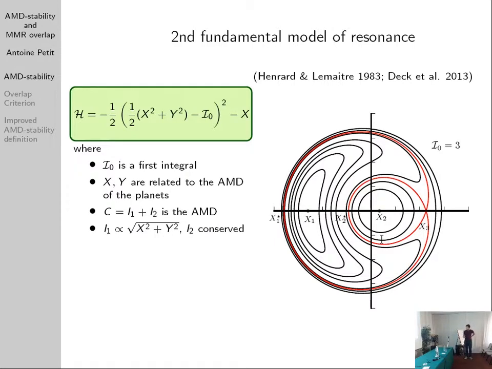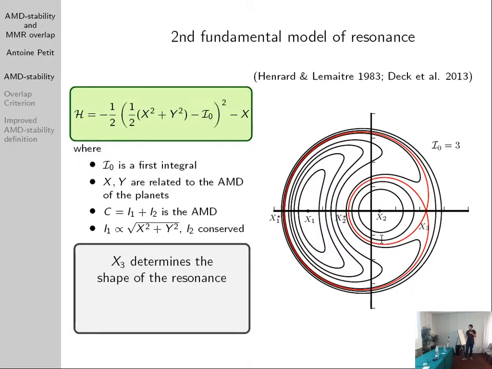The width of the resonance in those variables is computed along the x-axis, because this is where the resonance is wider. The shape of the resonance can be related to the position of the stable fixed point x3. That is a very useful remark, because all the quantities can be expressed very simply as a function of the position of x3.